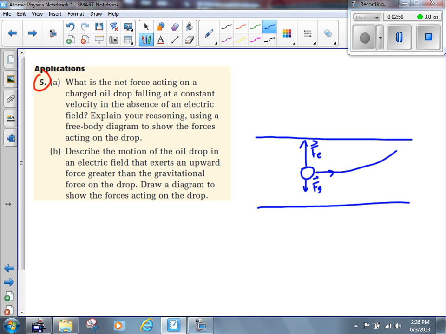If, however, it's not moving horizontally at all, then the motion is simply going to be upwards, and it's going to accelerate upwards. So it's going to speed up upwards because that upward force is bigger than the downward force. Okay, make sense? Just like when you jump out of an airplane, there's air resistance acting on you upwards, where gravity is bigger downwards, so you accelerate, you speed up downwards.